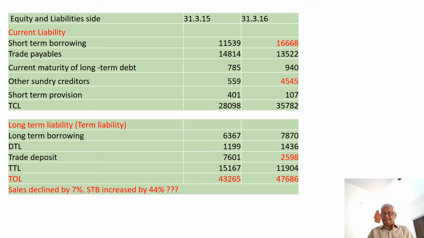When we go to the current assets, any asset which can be converted into cash in the next 12 months and which is a part of the operating cycle is shown as current assets. Any asset which is permanent in nature and used for continuing the activity of the business is classified as fixed assets.